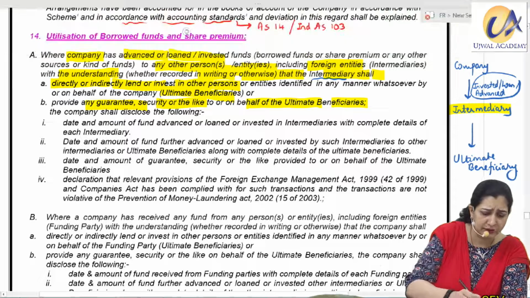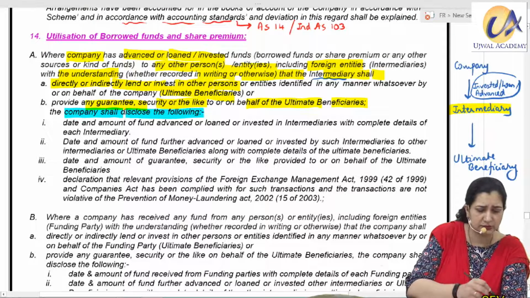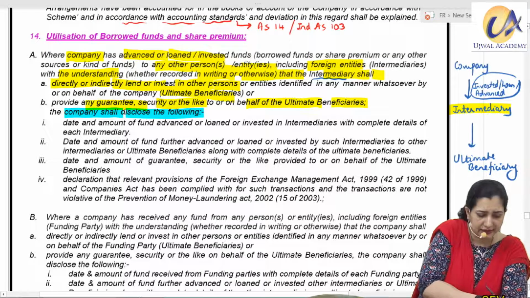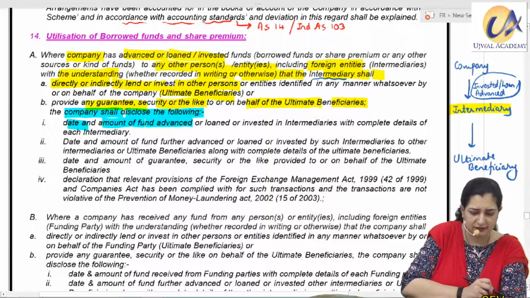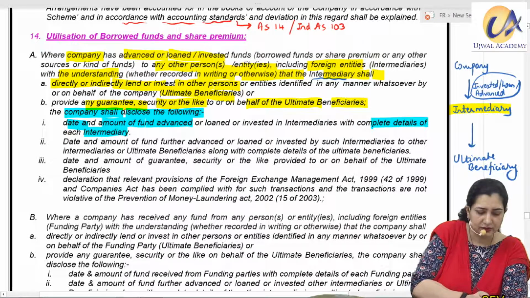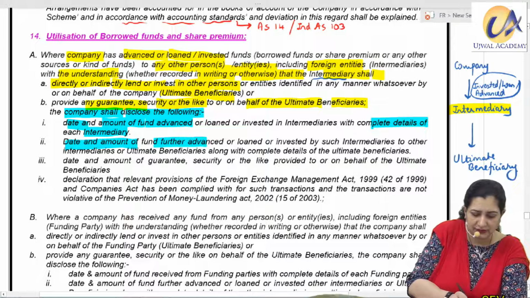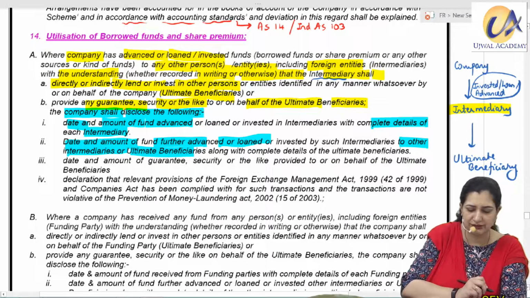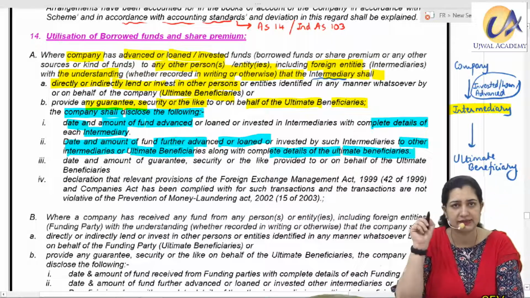Then what does the company need to do? The company shall disclose. What shall the company disclose? The date, the amount of the fund advanced, details we want of the intermediary, right? We want how the amount was further advanced or loaned to the other intermediaries or ultimate beneficiaries. We want the details of the ultimate beneficiaries.